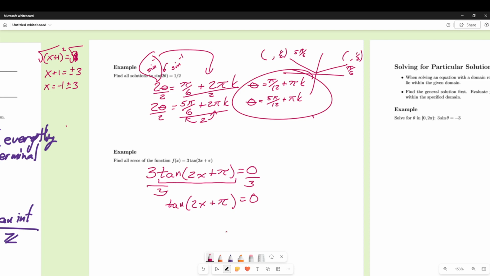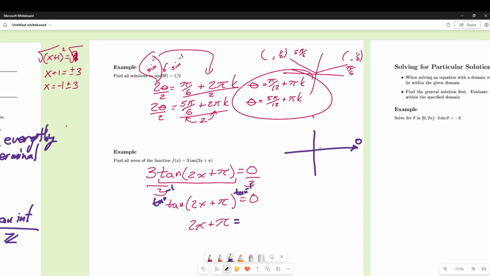And then we need that tan inverse. So we're going to get the 2x plus pi. That's going to stay there because we're essentially taking the tan inverse of both sides here. And where is the tangent 0? Well, we know the tangent is 0 at 0 because the y value is 0.